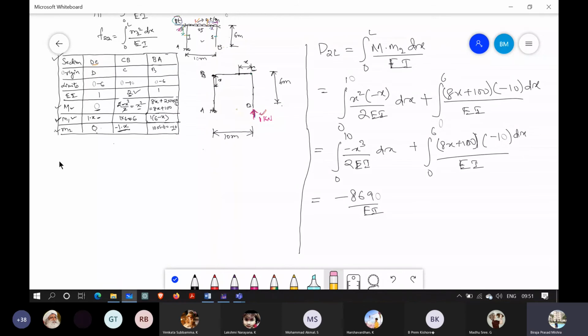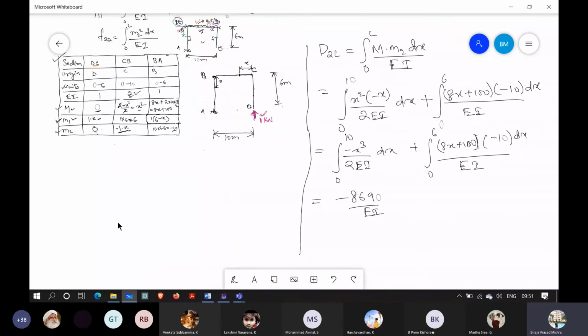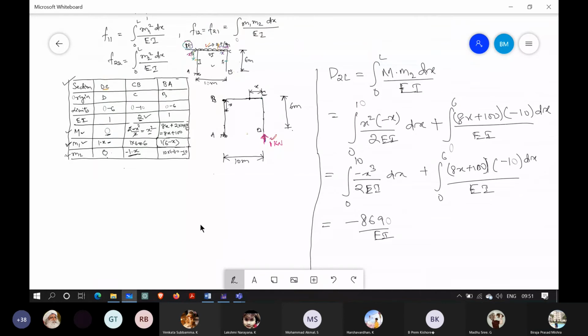So f11, here we already know f11 equals to integration m1 square dx by EI.